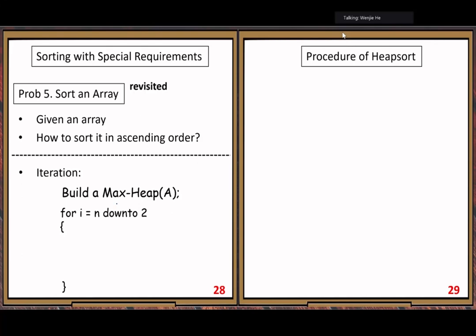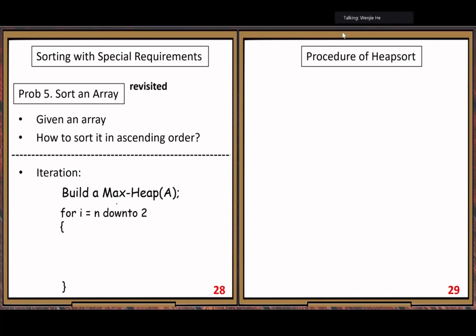This i means the current heap size. The last iteration has the smallest heap size, i equals 2, because when i equals 1, we do not need to do anything; we just drop it in place automatically. That's why our iterations run from n down to 2.